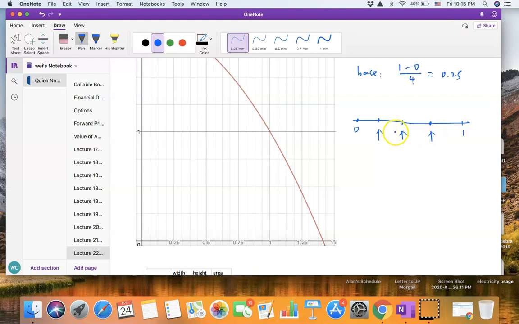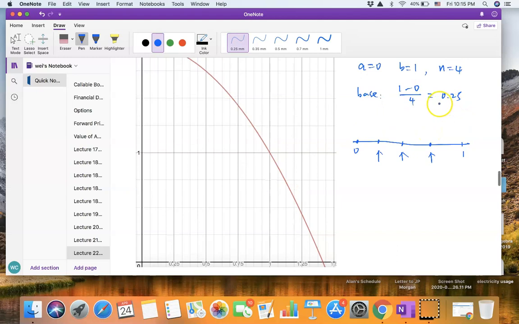To figure that out, we need to know the base. The base is 0.25, so delta x equals 0.25. The difference between this point and 0 is 0.25, therefore this point is 0.25.